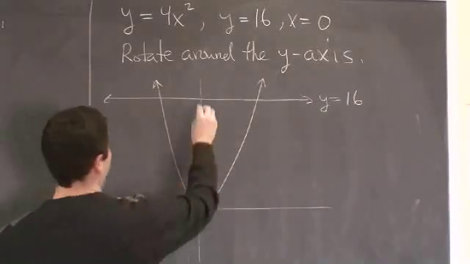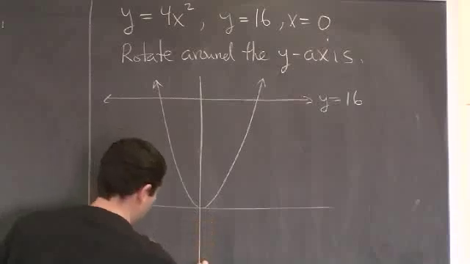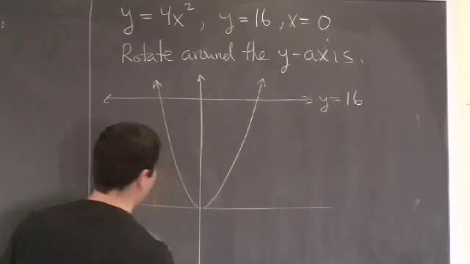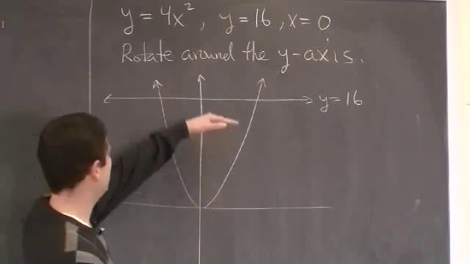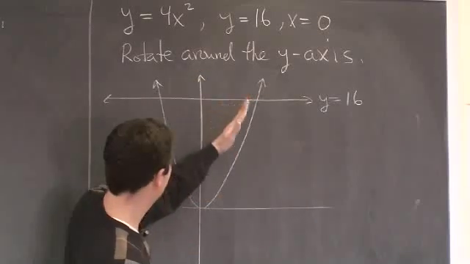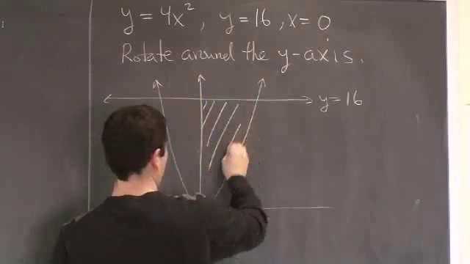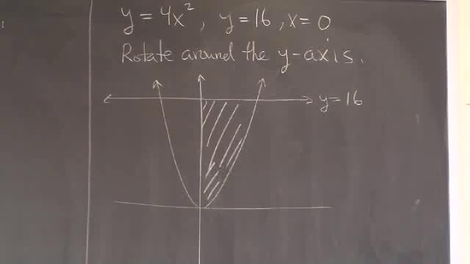And we're bounding it by x equals 0. So it needs to be bounded by 16, x squared, and 0. So that's pretty clear what it should be, yeah? There's our region. And we're sending it around the y-axis.